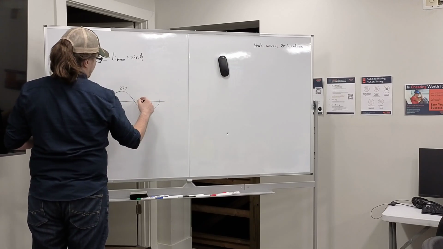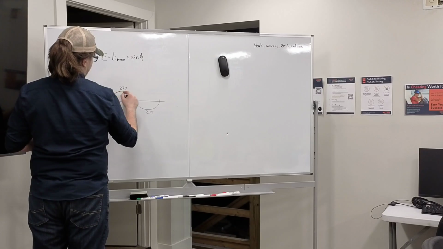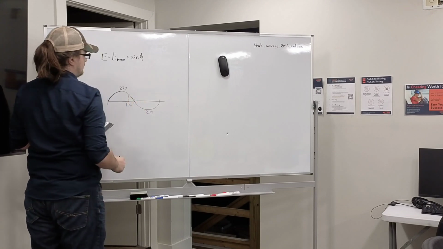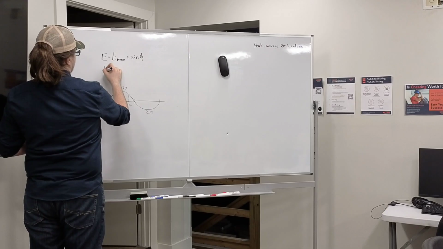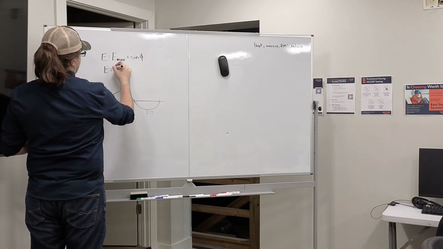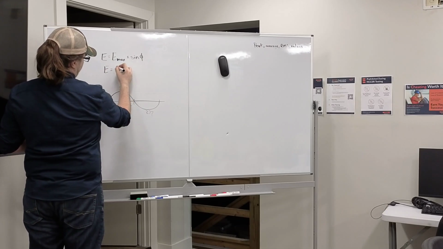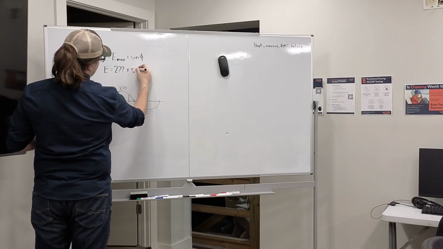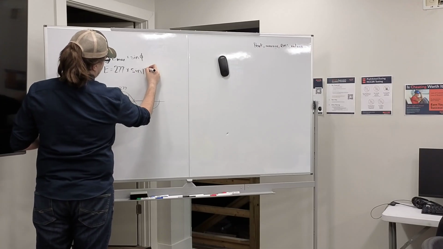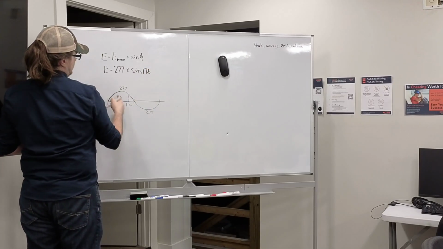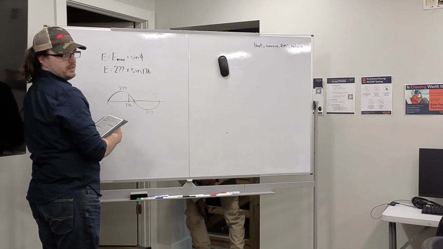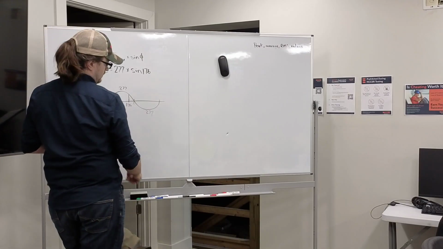So if it's at, we'll say, 176, you would do voltage equals 277, max voltage 277, times the sine of 176, and that will give you the voltage in that spot. Wait, is 176 your degree or is that your voltage? 176 is degrees. Okay.